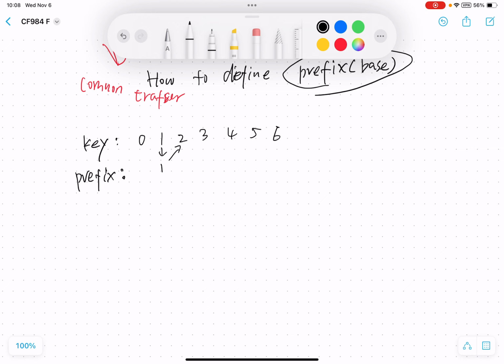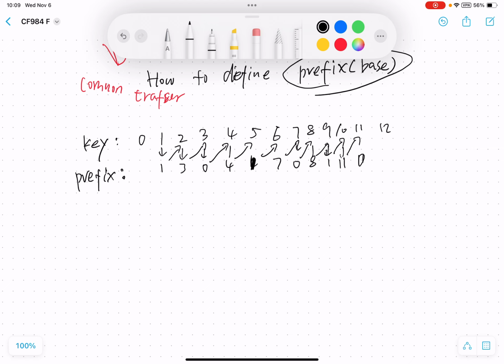After XOR between 1 and 2, the answer will be 3. After another, it will be 0. After another, the answer will be 1. Then for 7, 8, 9, 10, 11, 12, the answers will be 0, 8, 1, 11, 0, and 12.